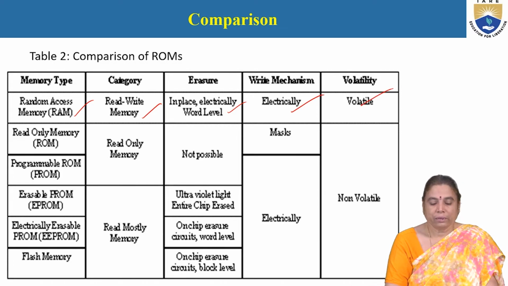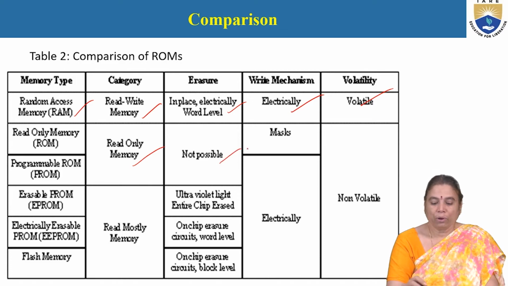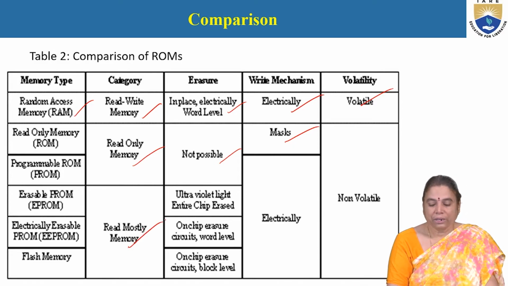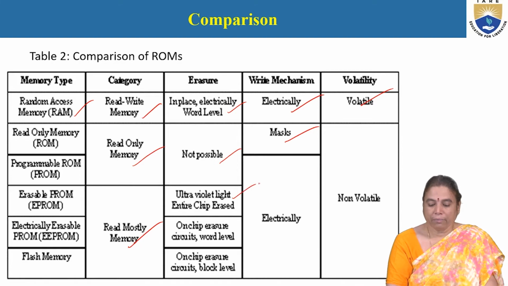But we consider the ROM and the PROM read-only memories, where erasure is not possible. In the PROM, writing is possible only one time, and the mask is used for the write mechanism. Erasable PROM, E-squared PROM and flash memories are in the category of ROM, but read-mostly memory, and the erasure can be done with the help of special techniques. In the case of EPROM, ultraviolet light is used.